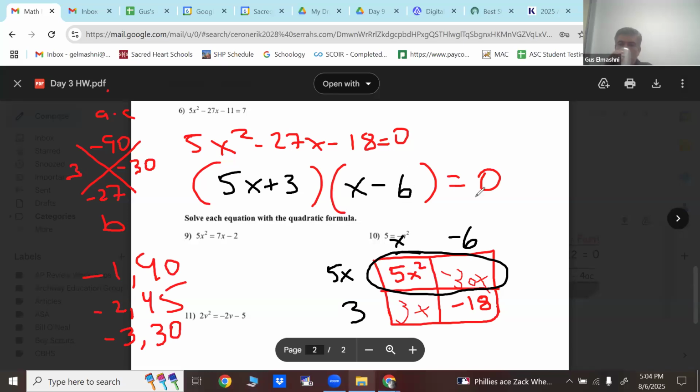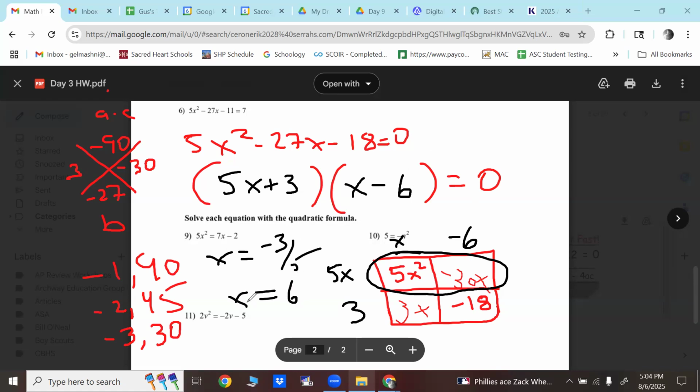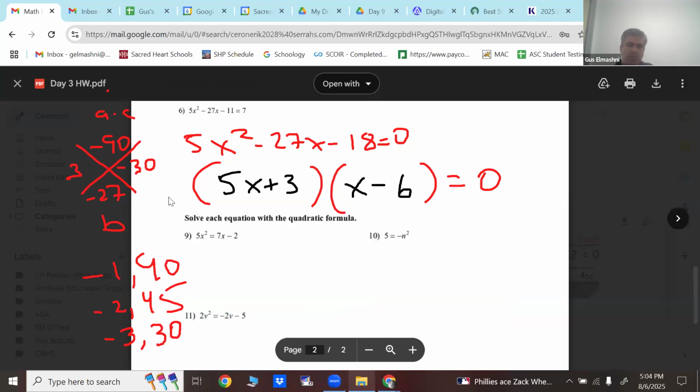So you get that. And then you solve it. I set this equal to 0.